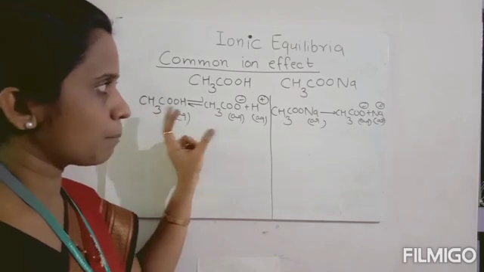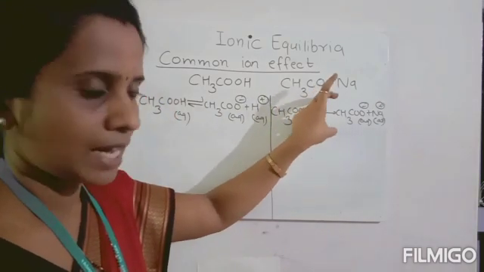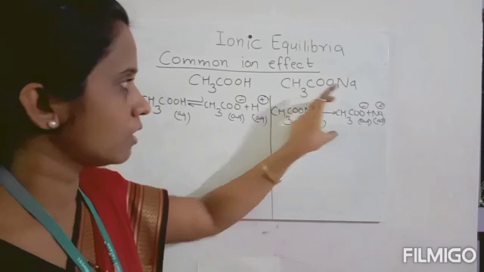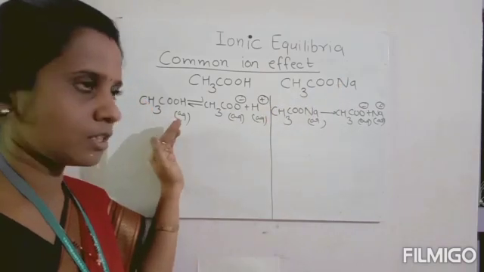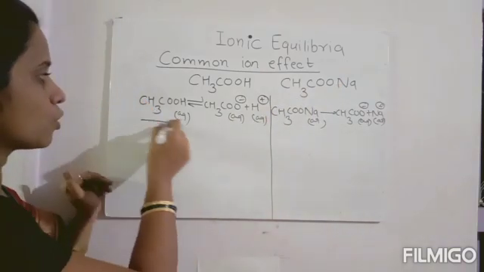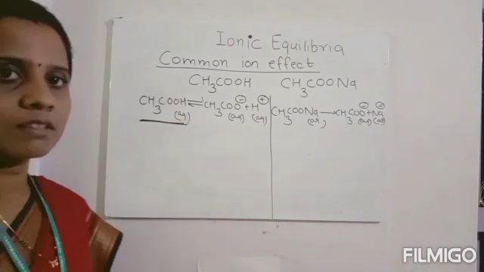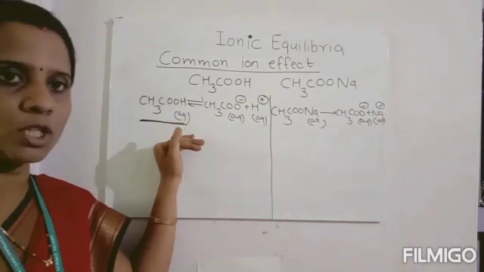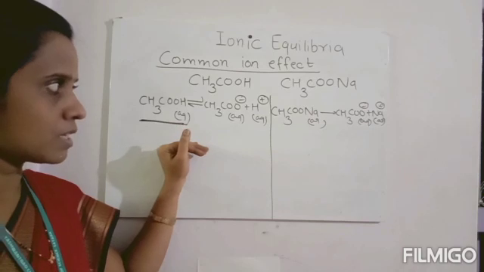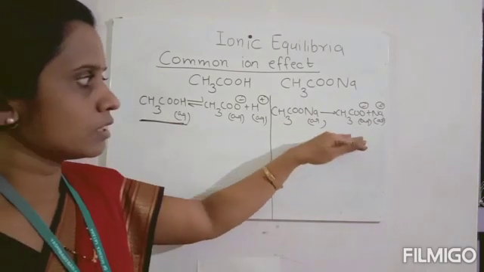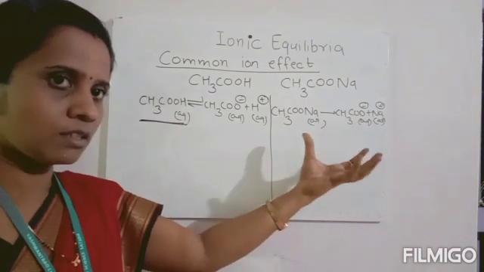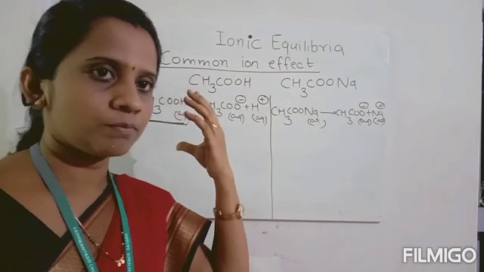That means what will happen? These ions, acetate ions, will favor the backward reaction and again there will be formation of what? Acetic acid molecules. That means the reaction is getting back to the reverse direction.